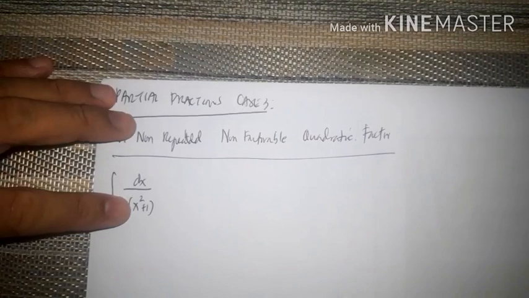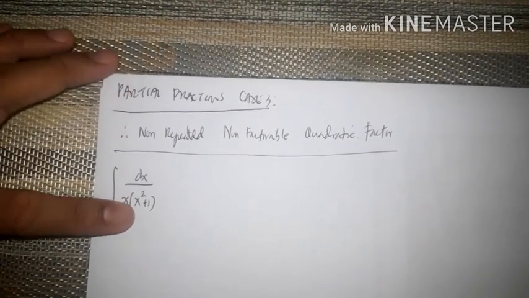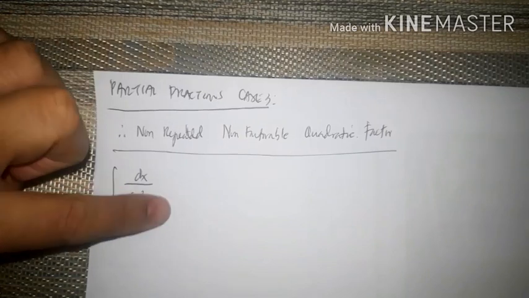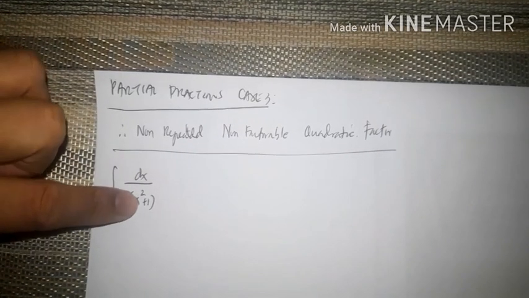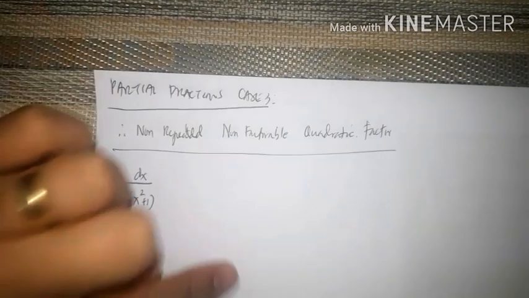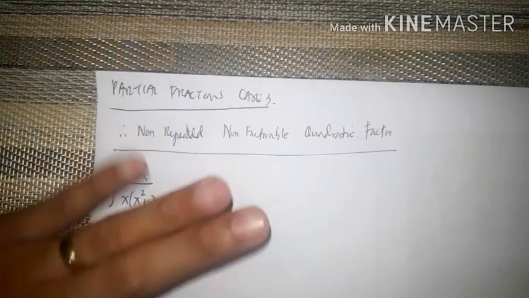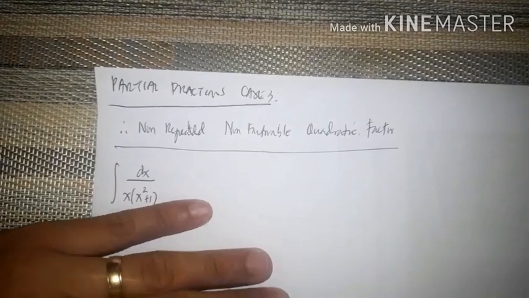Non-factorable quadratic factor si x squared plus 1, so that will fall under case number 3. Kasi meron tayong factor on the denominator na quadratic and non-factorable. So, hindi siya naulit or distinct or non-repeated, distinct non-factorable quadratic factor.